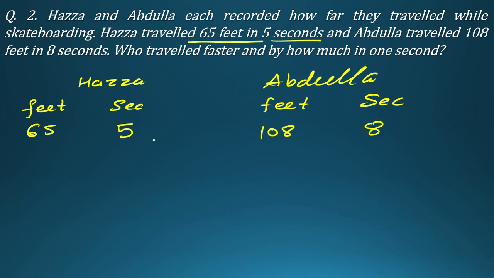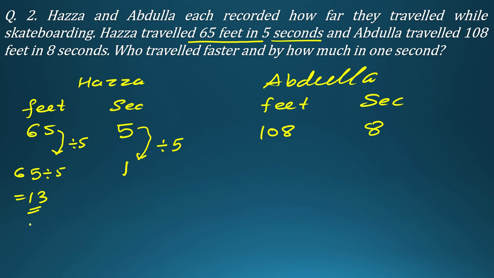If you want to see who traveled faster, then you will have to find it for 1 second. For 5 seconds you want 1 second, so you will divide by 5. So 65 divided by 5 is equal to 13. So Hazza is traveling 13 feet in 1 second.